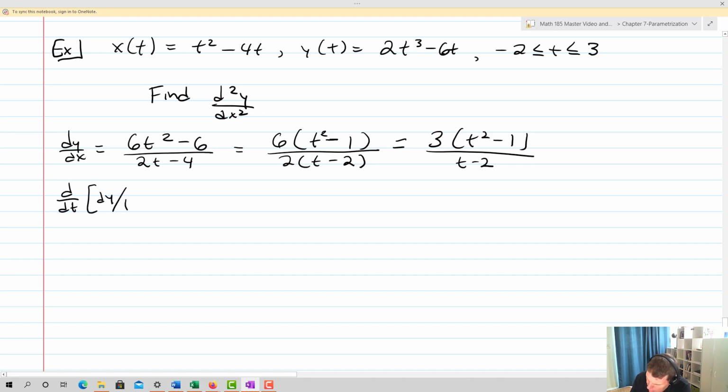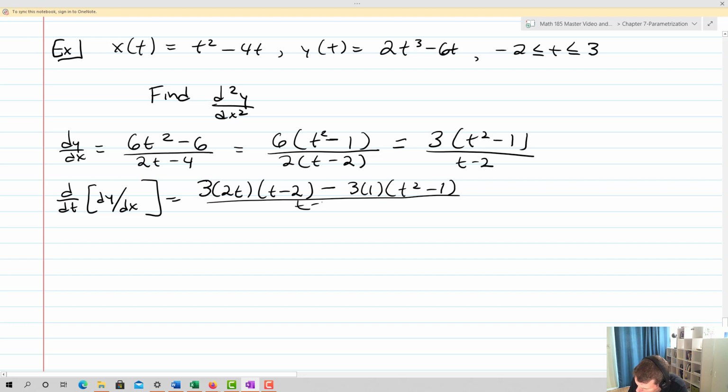And so we'll utilize the quotient rule in order to do that. So that's going to end up being, we'll multiply that by t minus 2. And then we'll subtract 3 times 1, because that's the derivative of t minus 2, times t squared minus 1. All divided by t minus 2. This will then give us 3 times, and this will be t squared minus 2 minus t squared plus 1.